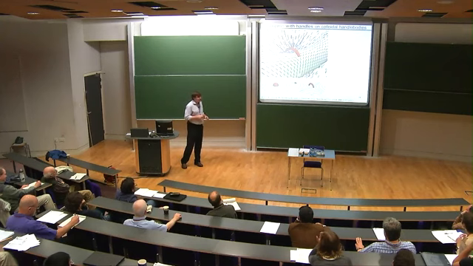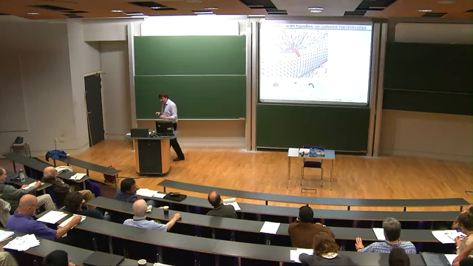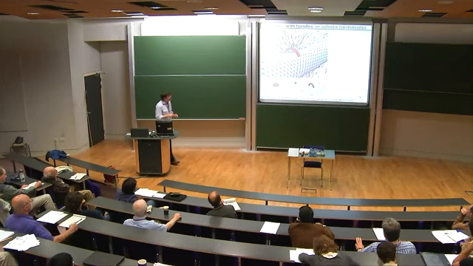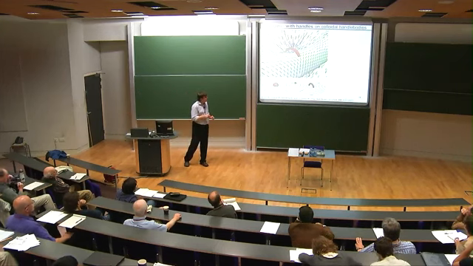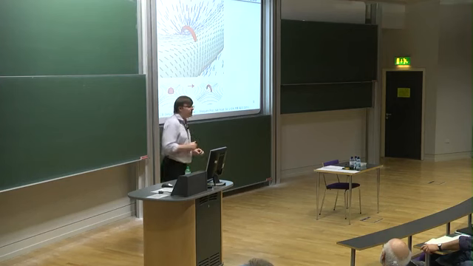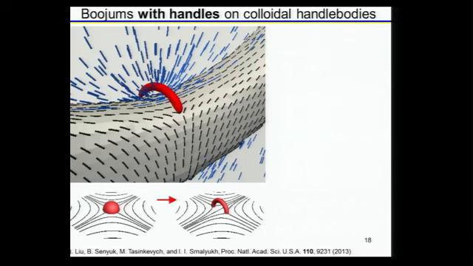What's interesting is that the point defects, the bosons, can also split into disclination semi-loops that you can see here. If you were now to look at the director structure at the interface of liquid crystal and colloidal particle, you would see that we have half-integer disclinations here, right?